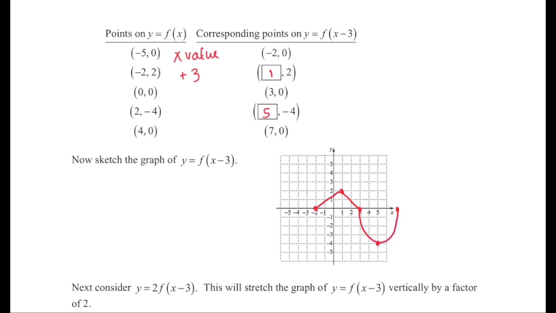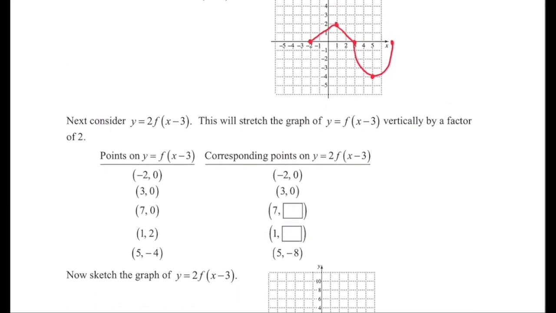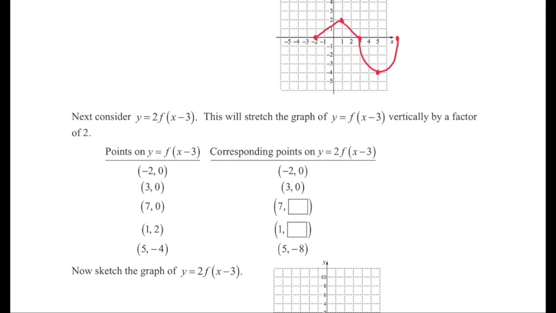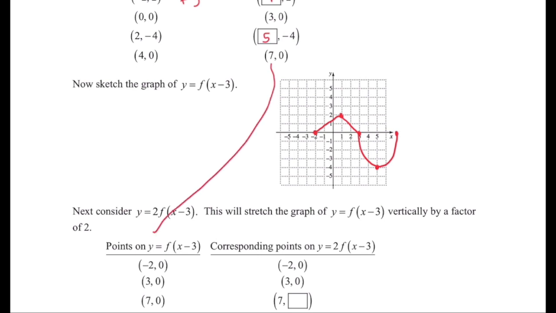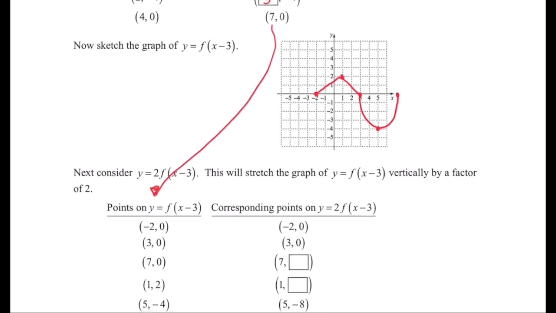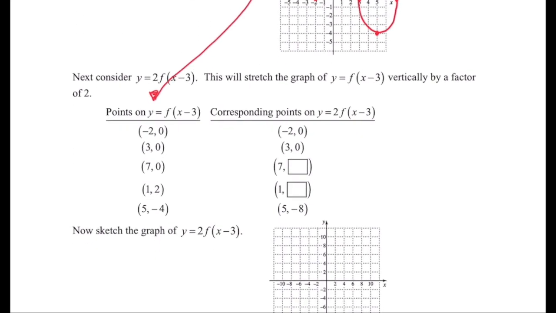From here, let's look at the vertical stretching. So let's move to the 2 times f of x minus 3. We're going to use our points that we ended up with in our previous graph and now apply the vertical stretching by a factor of 2.